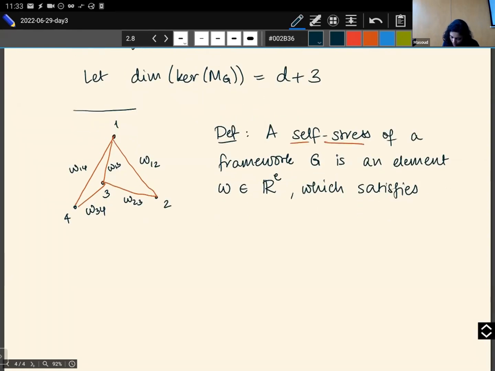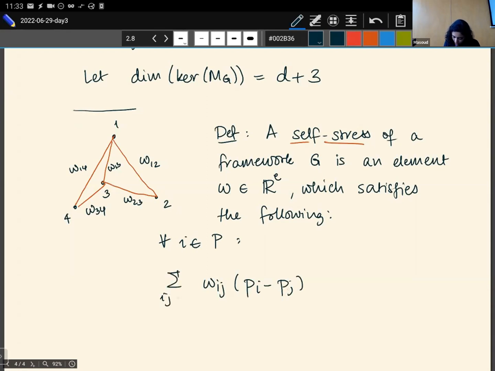So I always mess this up. Let me make sure, okay, which satisfies the following. For every vertex, the force balancing equations occur. So at each vertex, the forces coming from each of the springs have to balance out. So what does this mean? For every i in P, I have the following equation.